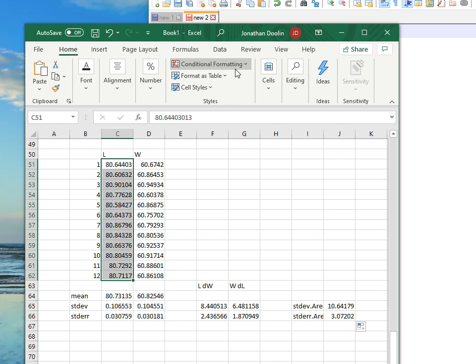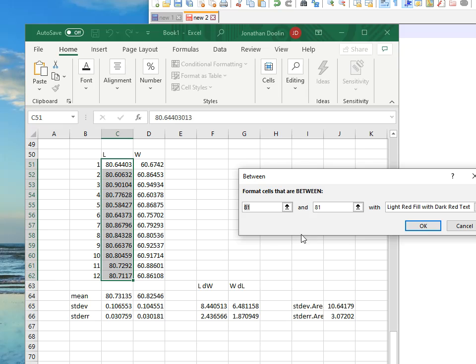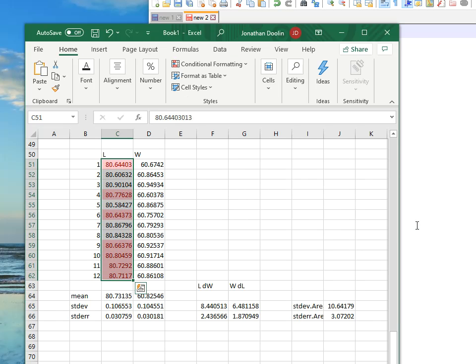I'm going to grab all of these, do conditional formatting, highlight cells rule, and select between, and I'm going to select cells that are between the mean minus the standard deviation, and on the above side between the mean plus the standard deviation, and those are going to be filled with light red fill with dark red text.